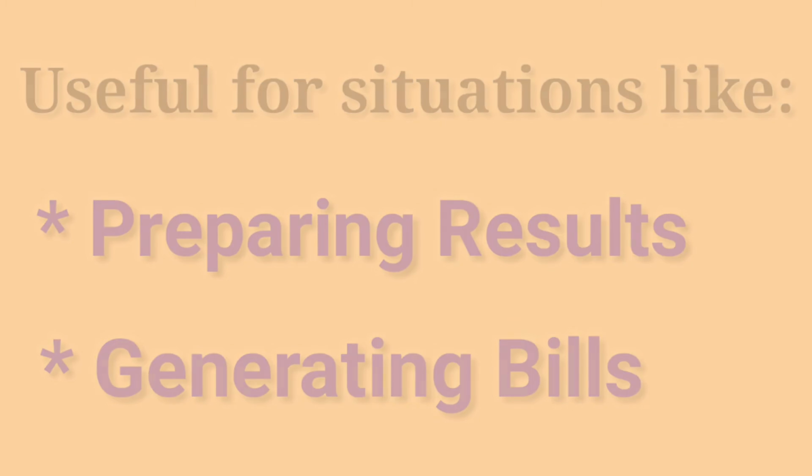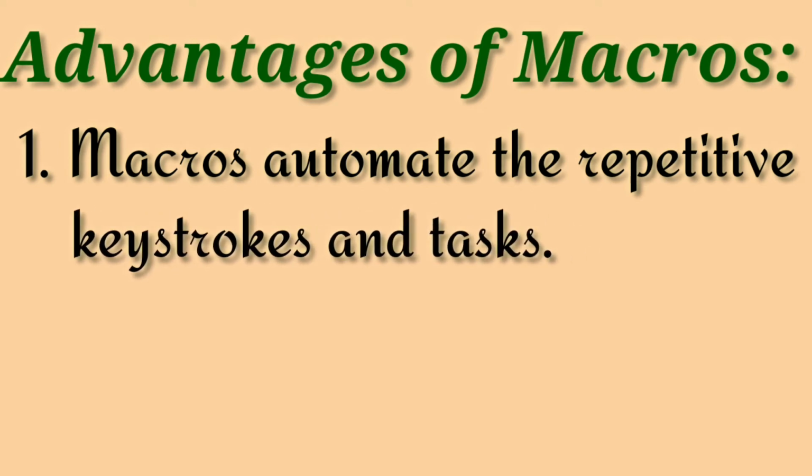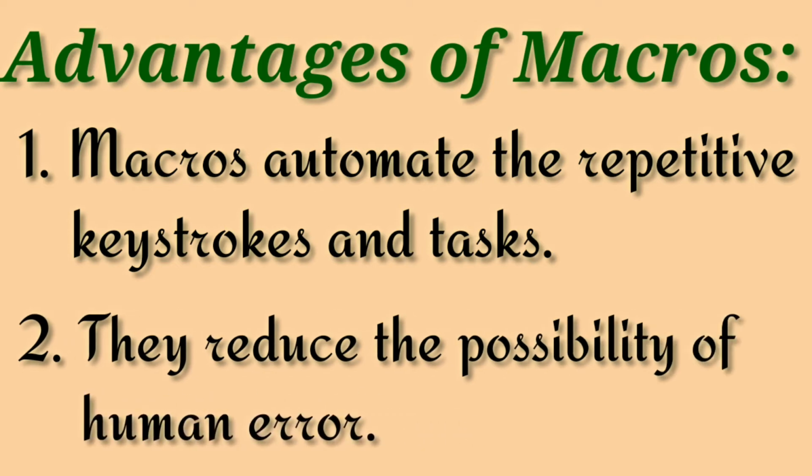Using macros has the following advantages. The first is macros automate the repetitive keystrokes and tasks. Second, they reduce the possibility of human error that increases with many repetitive keystrokes and tasks.